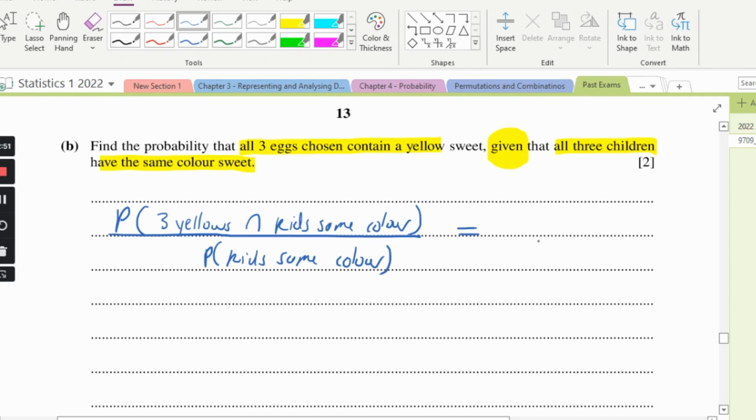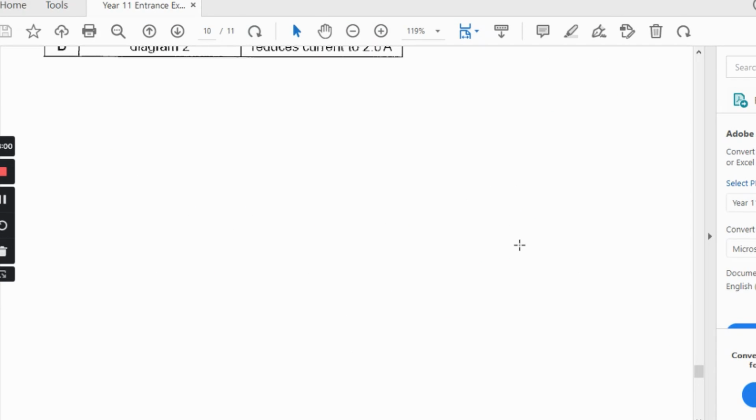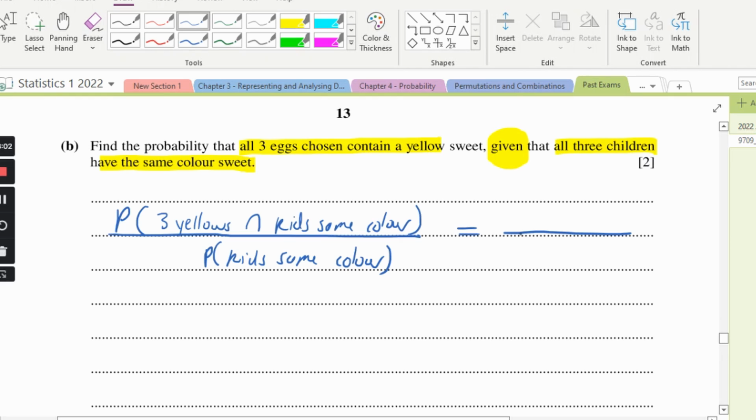Now, the previous question helps us somewhat. What's the probability of all 3 children having the same color sweet? Oh, wait, sorry. Given that all 3 children have the same color sweet, yeah. Okay, so yellows. What did we find for yellows? It was 1/22, I think. Yeah.